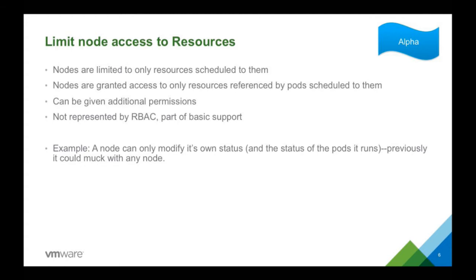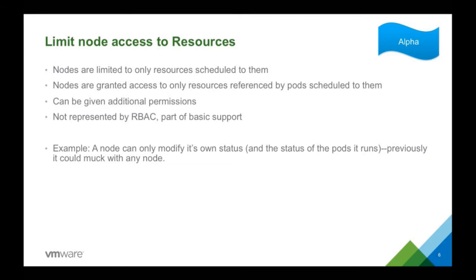Limit node access is another thing they wanted to focus on, as far as role-based access control as well. The nodes should only have access to whatever is scheduled on them, so the compromise of a worker would not give compromise to the entire cluster inside of Kubernetes.